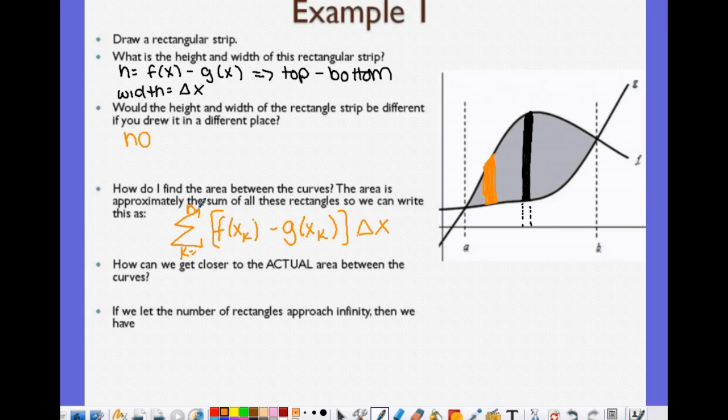How can I get closer to the actual area between the curves? Instead of doing Riemann sums, with lots and lots of rectangles, we're going to use integrals. And what do integrals do? Integrals increase the number of rectangles infinitely.